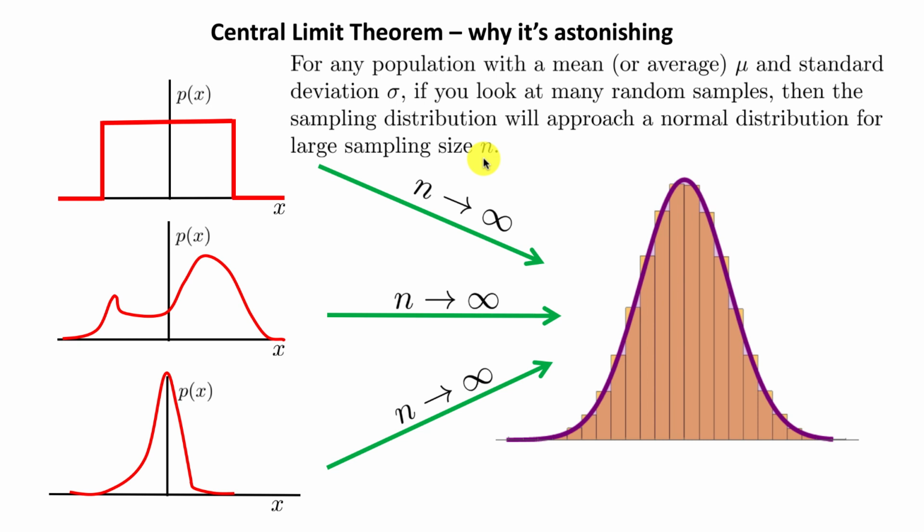Or to say it slightly differently, if you take samples from this distribution or this distribution or this distribution, then as long as you make your samples large enough, you're going to get this bell-shaped curve. Now this is something that is still to be proved and still to be fully understood, but we'll do that in the next few minutes.